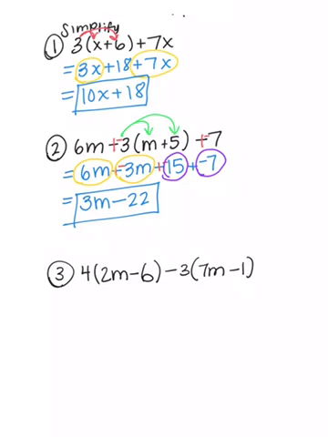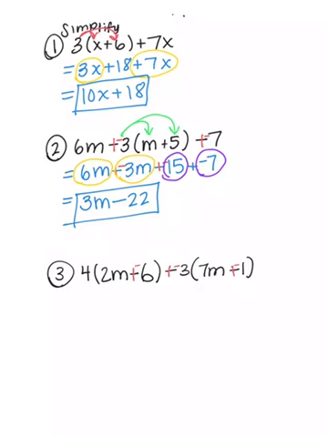But I'm still going to encourage you to have your first step be changing any subtraction sign to plus a negative. So I'm going to make this plus a negative 6, plus a negative 3, and plus a negative 1. So I'm going to distribute twice here.